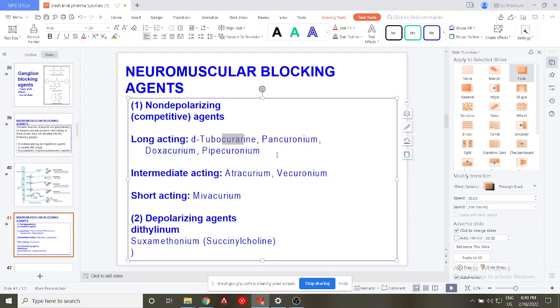Then for the depolarizing agent, they're only going to tell you one drug. It's either suxamethonium or succinylcholine. Take note, suxamethonium is very important for KROK. Remember we said earlier depolarizing agents are going to cause some contraction before they cause complete paralysis, while the non-depolarizing are not going to cause any contraction at all.